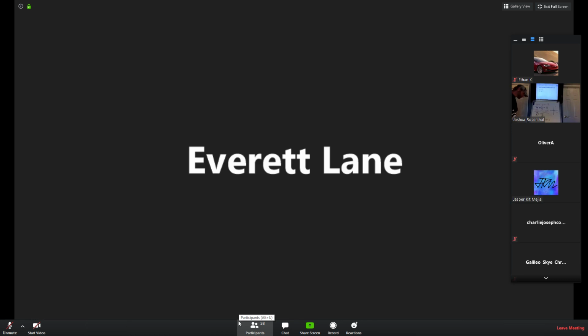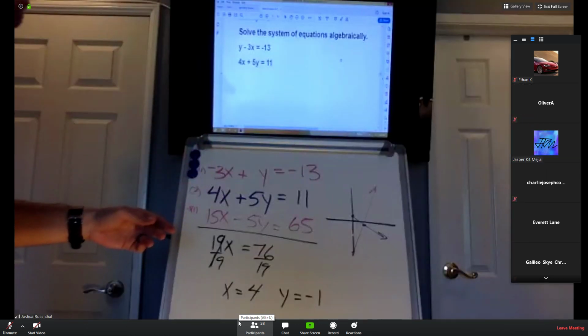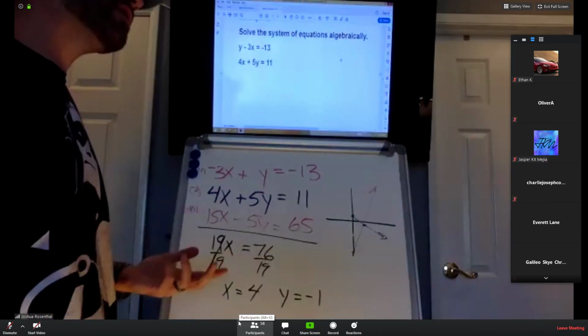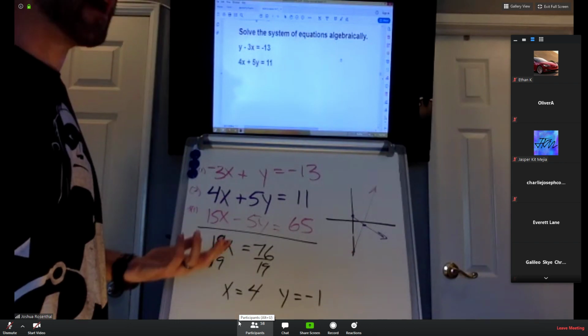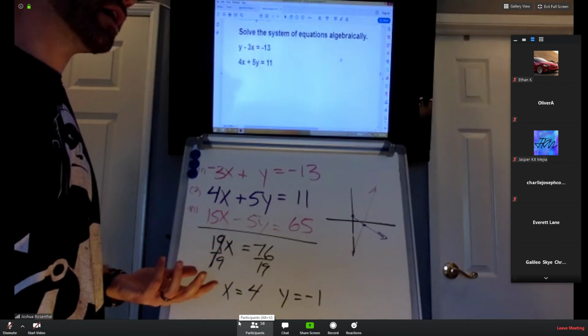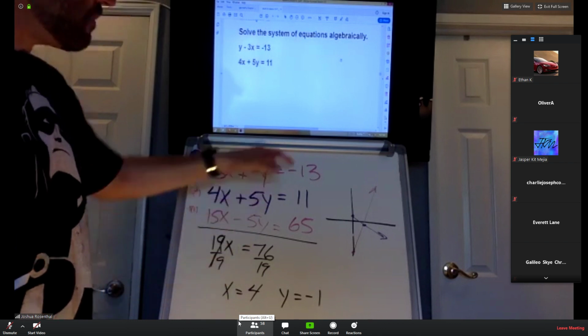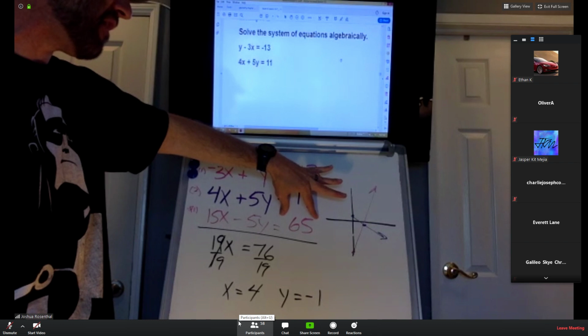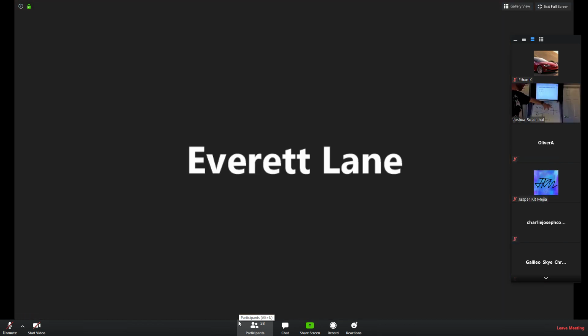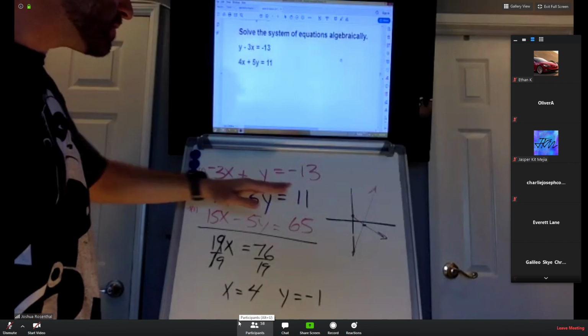Wait, where did you get 15x though? The multiplication property of equality says that if I multiply one side by -5, I must multiply the other side by -5. So if I multiply the -13 by -5, that explains the +65. But what about the 11? Hold on one second. The 11 is part of purple. Purple didn't come from pink.